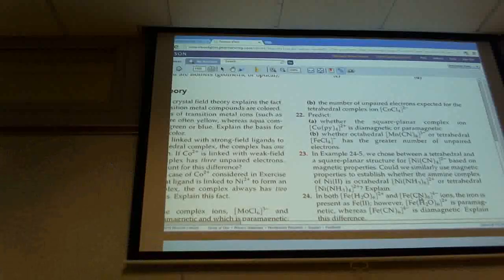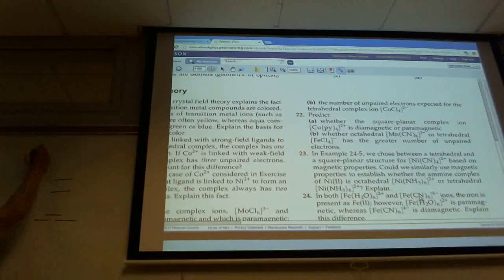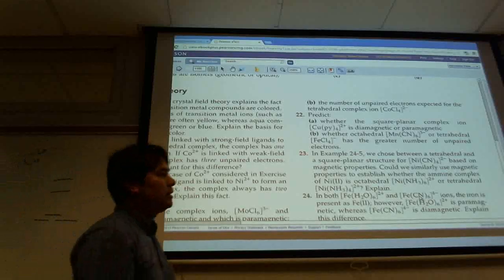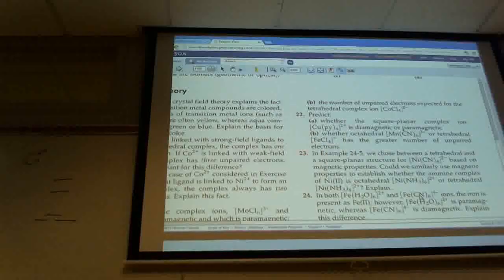You know, it's square planar. Square planar is going to have this pattern: 1, 2, 3, 4, 5. Copper is what charge in this? 2 plus, which means it has how many d electrons? D9.